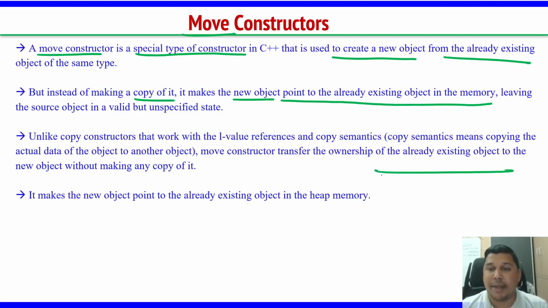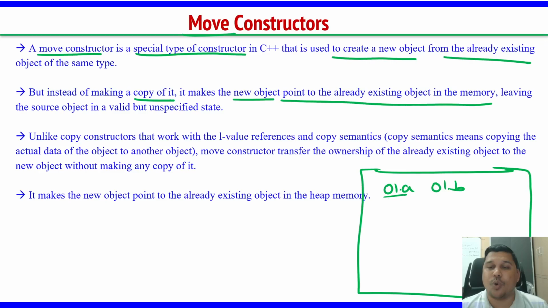In your RAM space, suppose there are variables o1.a with value 10 and o1.b with value 20. When you create a new object obj2, instead of making a copy like we do in a copy constructor, it makes the new object point to the already existing object in memory.